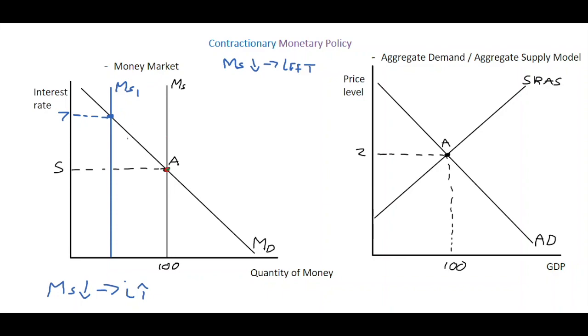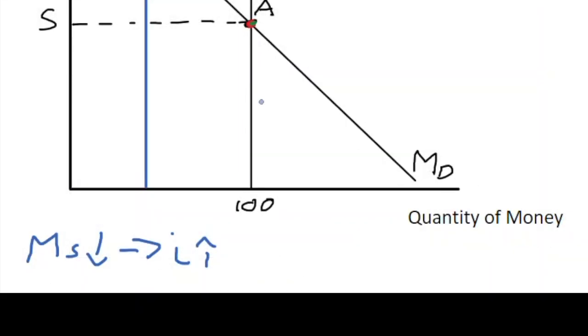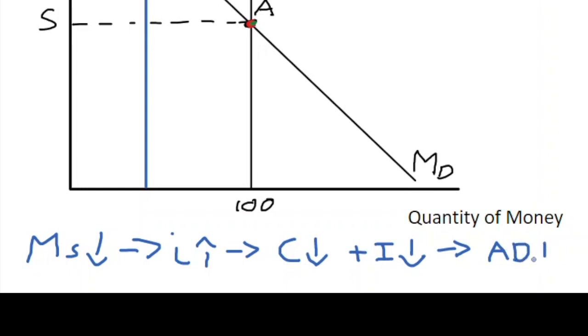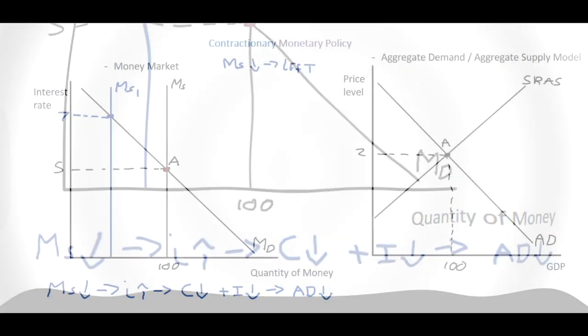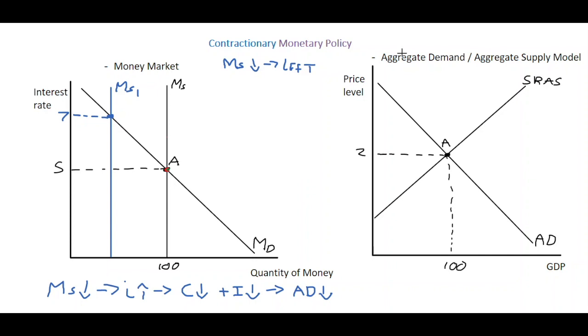Now, with contractionary monetary policy and the interest rate increasing in the economy, what this does is it increases the cost of borrowing, which means that households can borrow less and therefore consume less, and businesses likewise will borrow less and invest less. Because these two elements are a part of aggregate demand, we know that aggregate demand will also decrease, and to show that we can show it shifting leftwards.